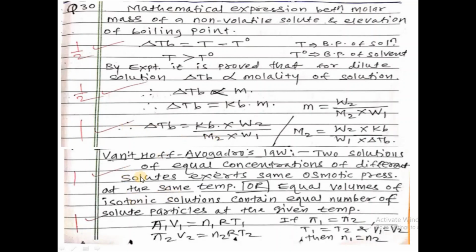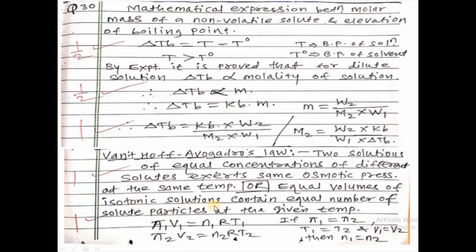And again, Van 't Hoff Avogadro law is asked. Two solutions of equal concentrations of different solutes exert the same osmotic pressure. It is known as Van 't Hoff Avogadro's law. That means if two solutions have equal concentrations, then these solutions exert the same osmotic pressure.